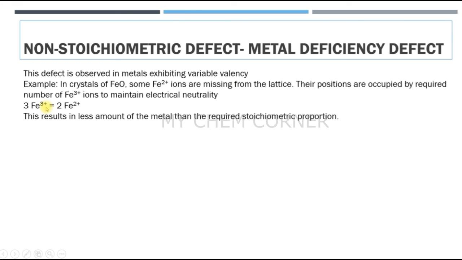Here some of the sites of Fe2+ are occupied by Fe3+, which is of a higher valency. So generally when this happens, you will have a lesser number of ions, and you have metal deficiency defect observed. So these are a few defects that you see when you study a crystal in detail. Depending on what type of crystal you take, you will find these defects in it.